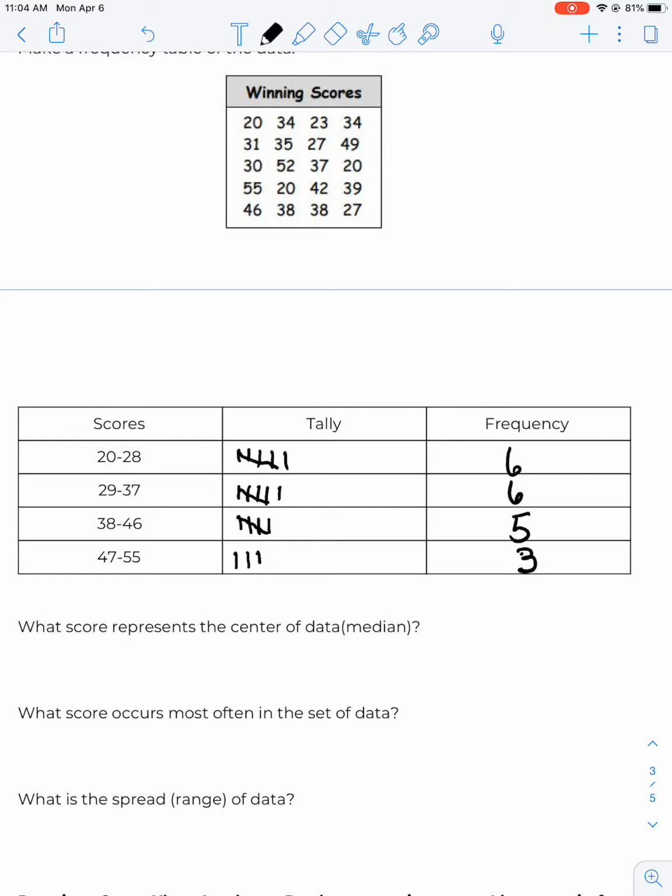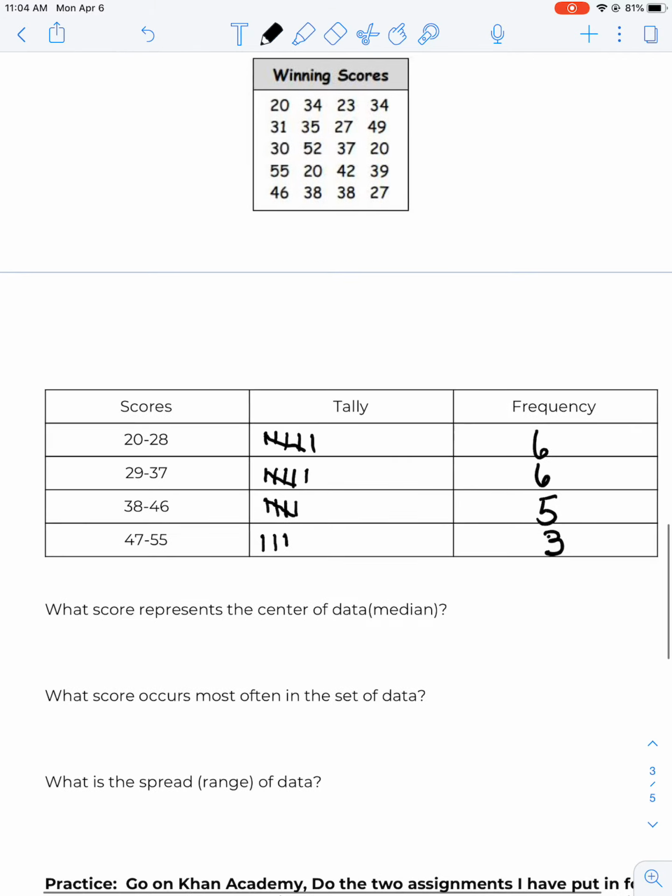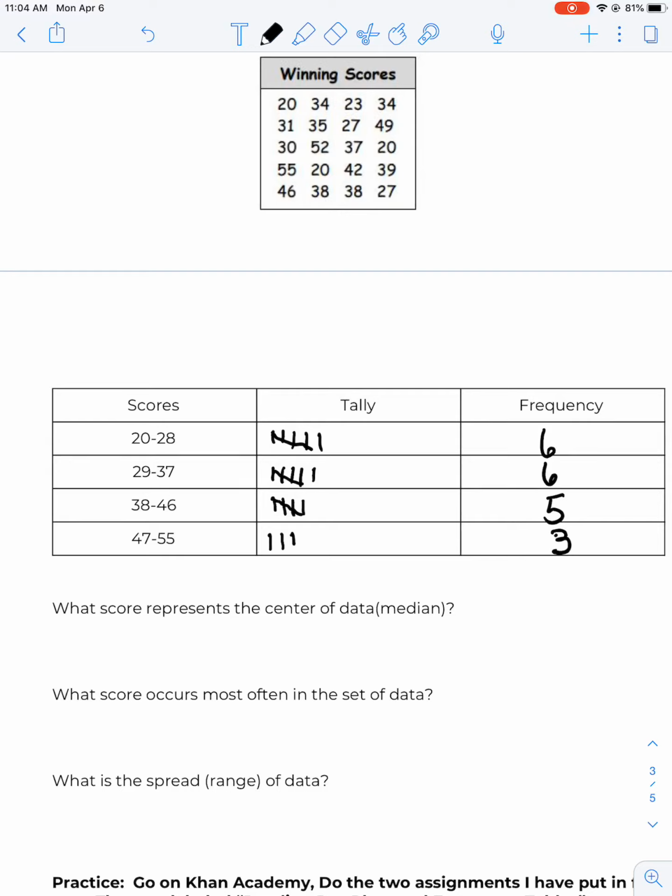So the next thing it's asking us is what score represents the center of data, in other words, the median. And the way that we do this is we take those winning scores and we have to put them in order from least to greatest and get the middle number. So we've got to write them in order, so that's what I'm going to do.